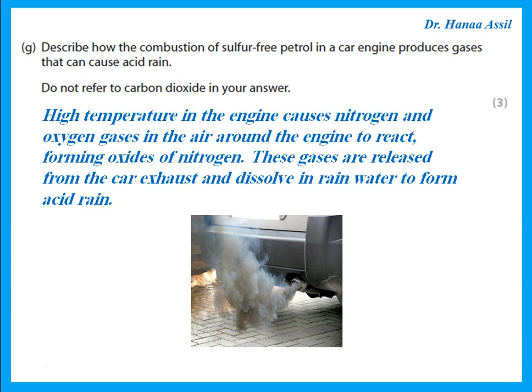You should remember that the high temperature in the engine causes nitrogen and oxygen gases in the air around the engine to react. This forms oxides of nitrogen, and these gases are released from the car exhaust and dissolve in rainwater to form acid rain. So this is one of the gases that causes acid rain.